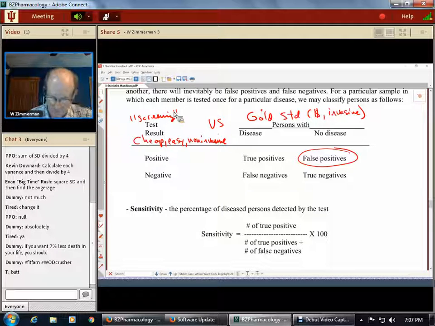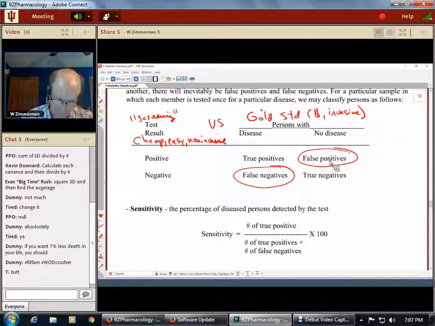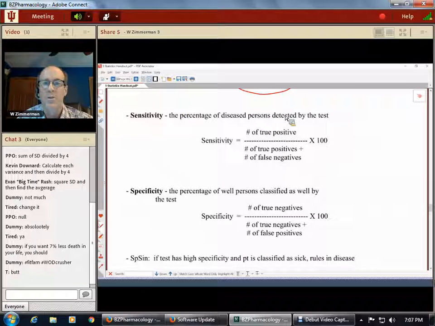It's also going to have false negatives. So we have to evaluate this. Looking at the sensitivity, it's the percentage of diseased persons detected by the test. That's the sensitivity. How sensitive was the test? How often did it pick up the disease?